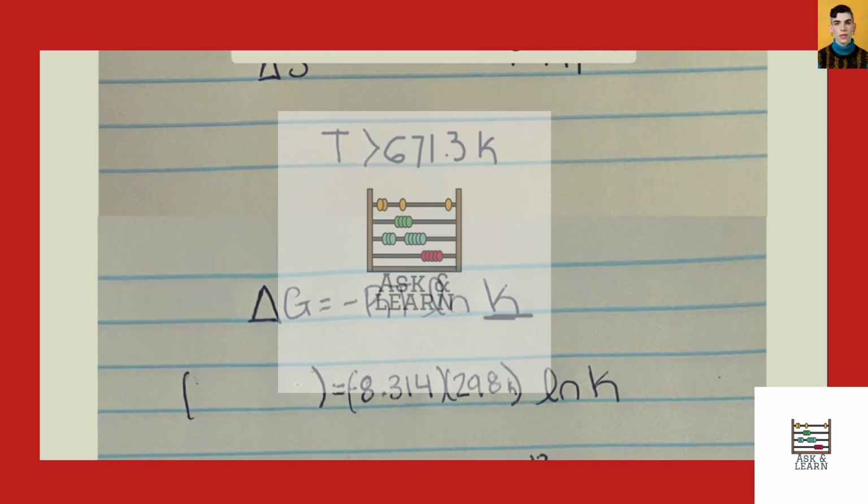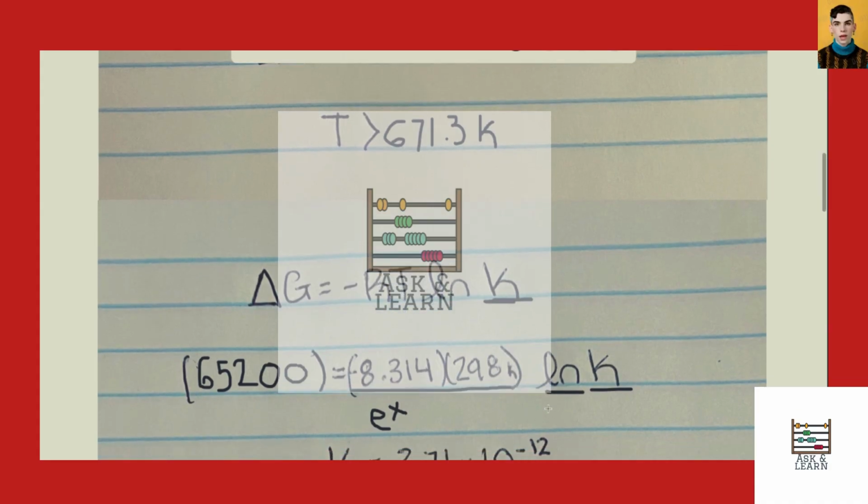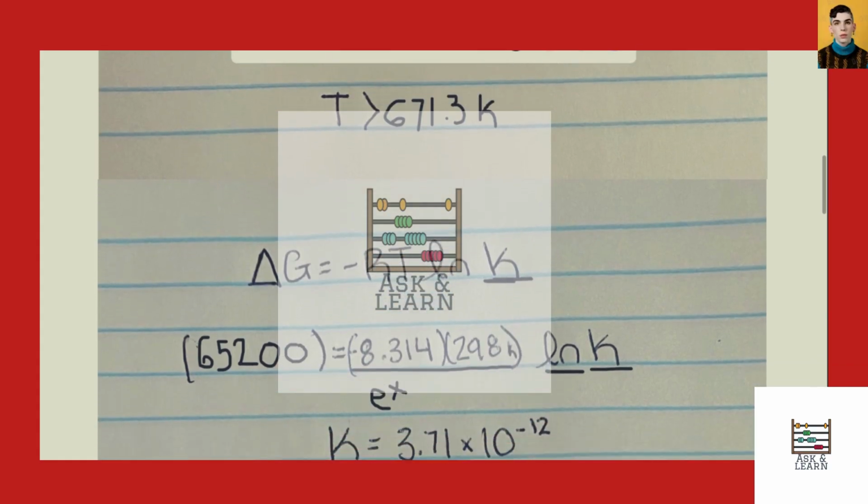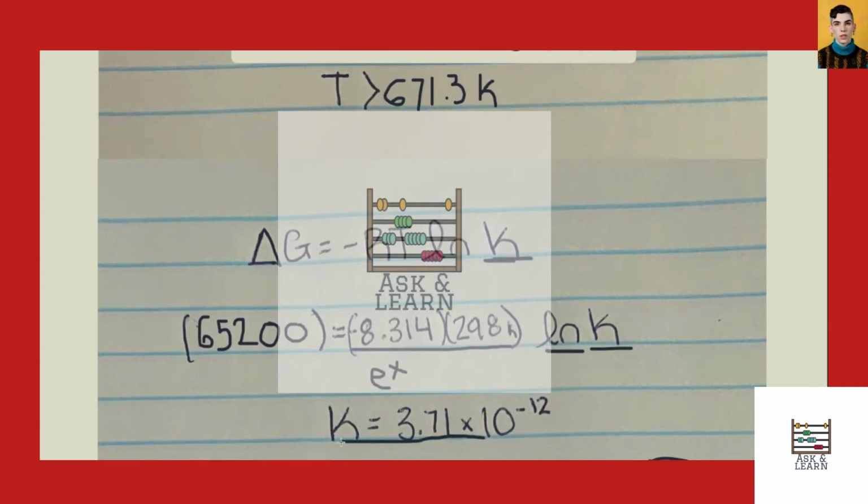Again, this is purely just plug and chug. We just found G, and we know that G is 65,200. Now we just need to solve this equation for K. You're going to divide by these and then take e to the power of that answer to get rid of the natural log, and then you'll get K. If you want to pause the video, this is the value you should be getting for K: 3.71 times 10 to the negative 12.